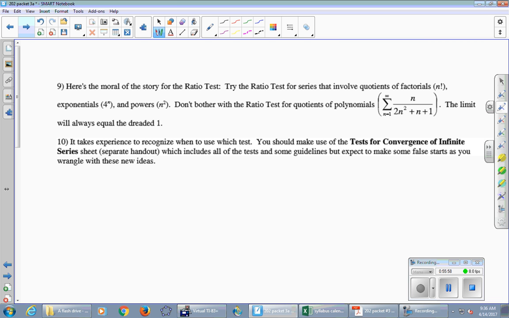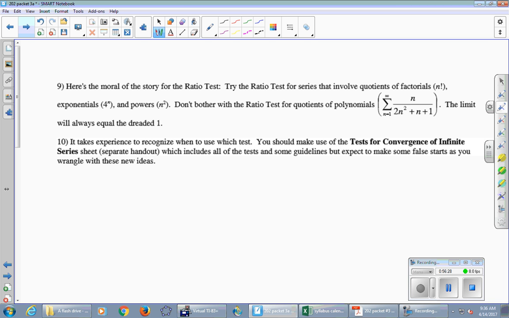Anything with an exponential, like that 4 to the n, sometimes the problem will have both factorials and exponentials, but either one, any appearance of either a factorial or exponential says try the ratio test. And powers, sometimes. Don't bother with the ratio test if all you have are powers. Polynomial on top, polynomial on the bottom. Anytime you try that, the limit will equal the, Nick? Yeah.